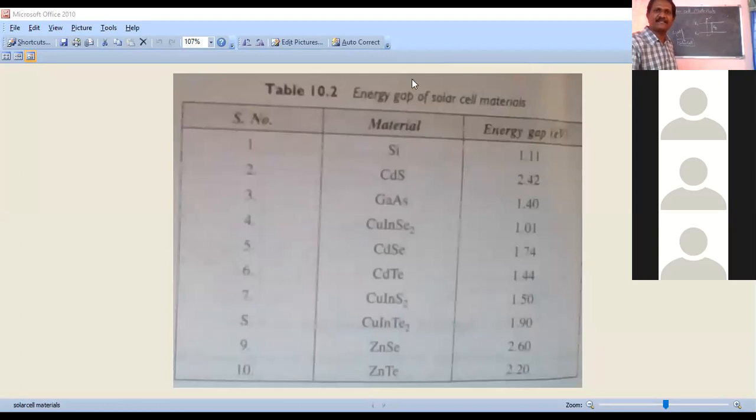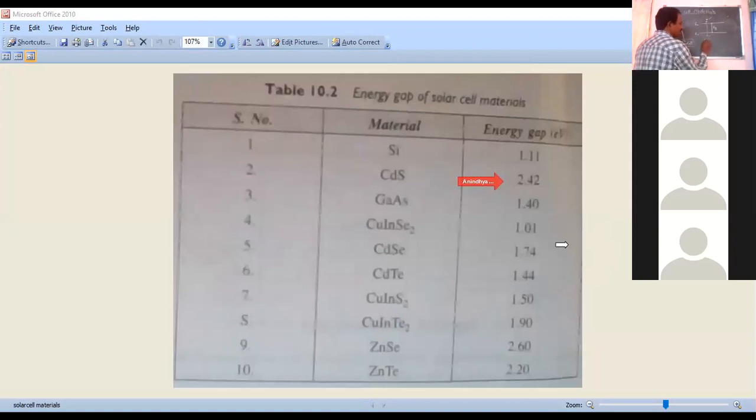As you can see here, different energy gaps are there. Different energy gaps will be absorbing different lights. See here, this one has an energy gap of 2.42.